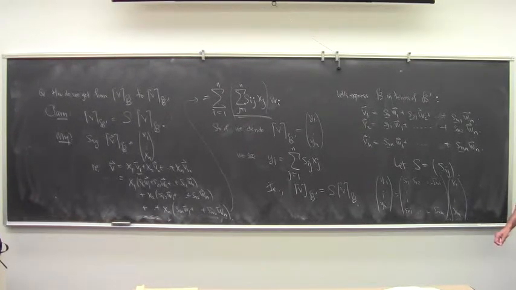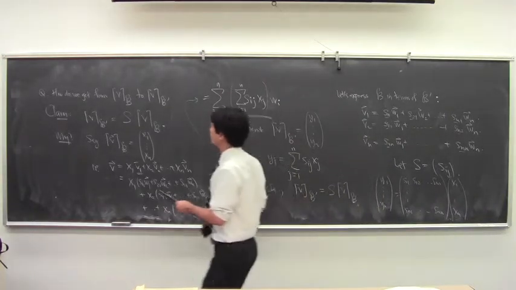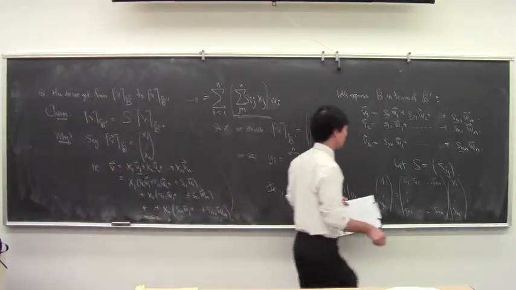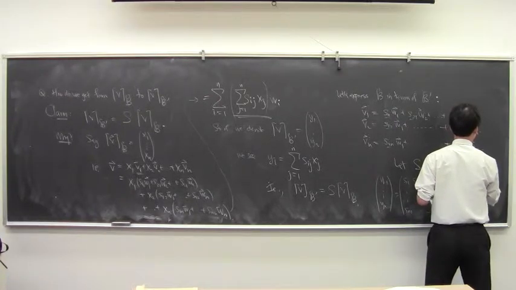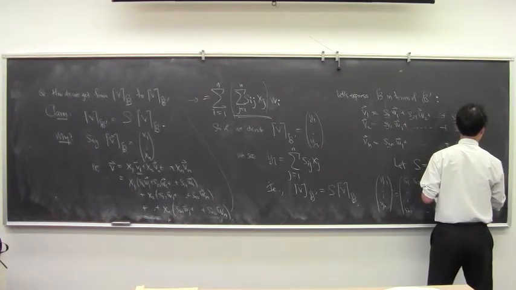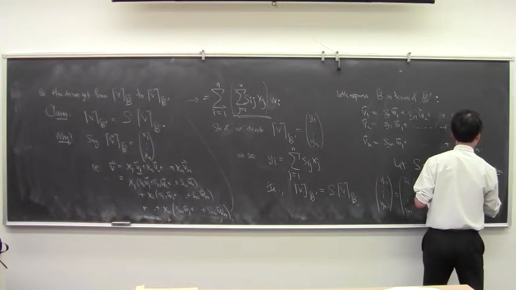Great. Everyone okay? So this matrix S is called the transition matrix from B to B prime.